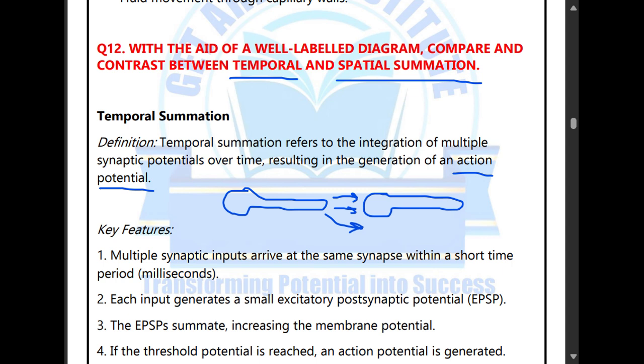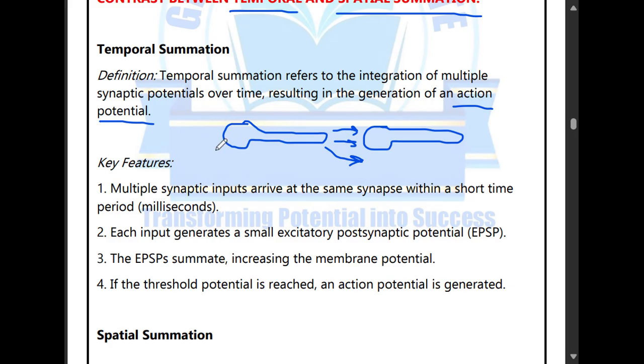Now, the key feature of temporal summation is that, number one, we have multiple synaptic inputs that will arrive at the same synapse within a short period of time. Then each of those synaptic inputs will generate small excitatory postsynaptic potentials, exciting bit by bit.